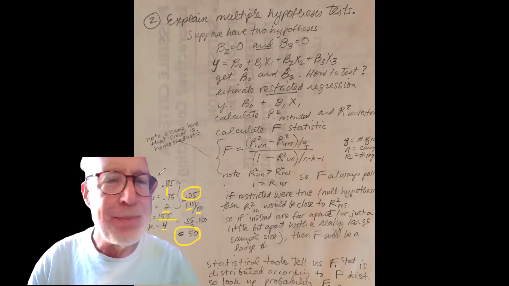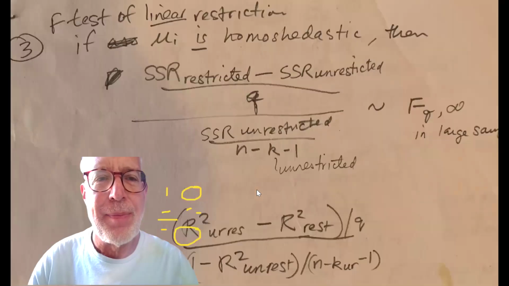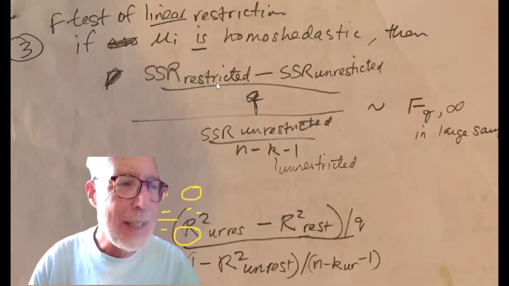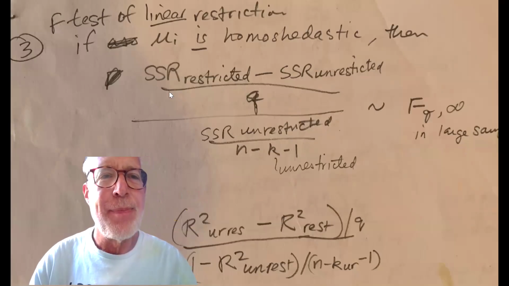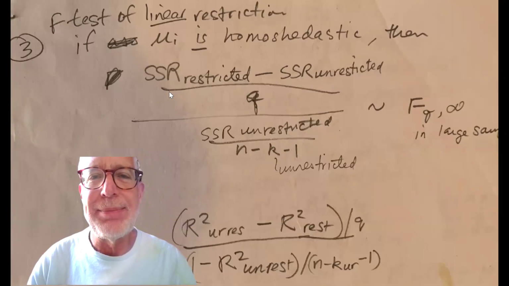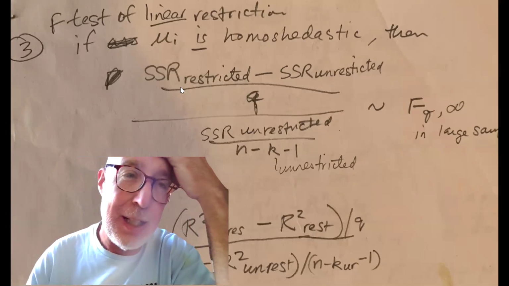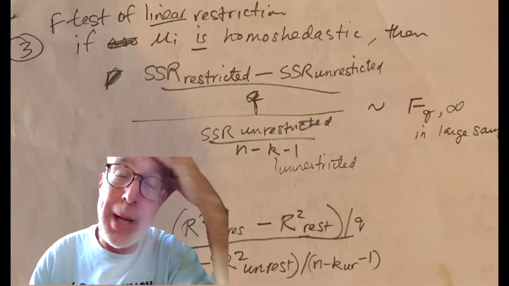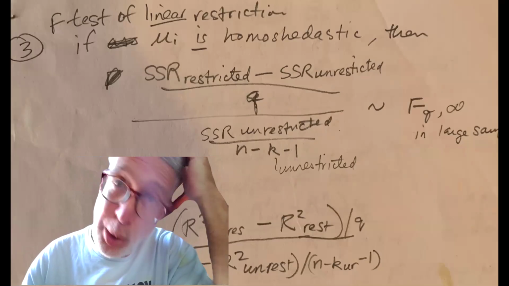Let me see, did I have anything else here? Here's another version of it, a little clearer. Remember the R square is 1 minus the sum of squared residuals divided by the total sum of squares.